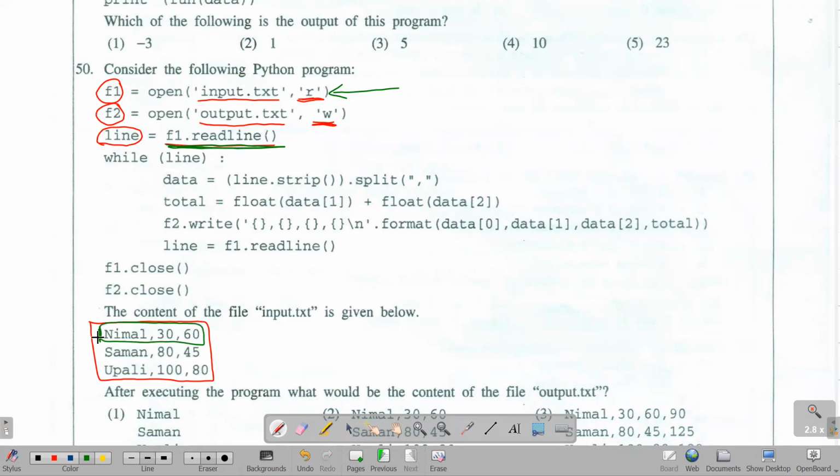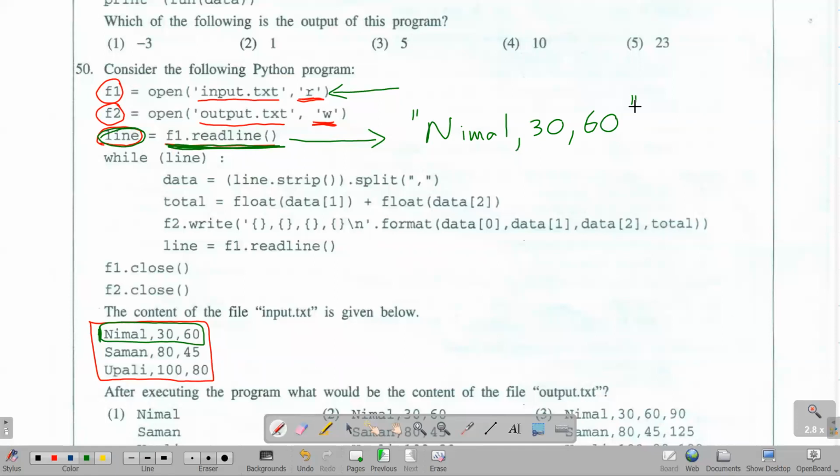When the line is read by the readLine function, it is turned into a string. So this line will hold something like Nimal, 30, 60.